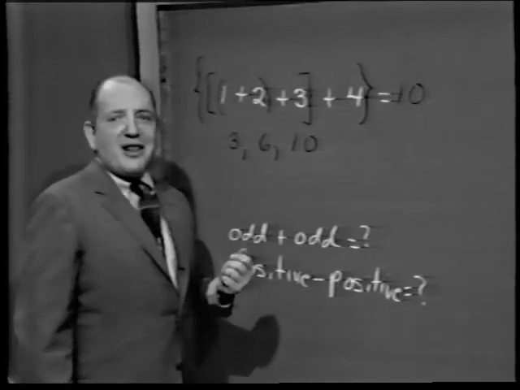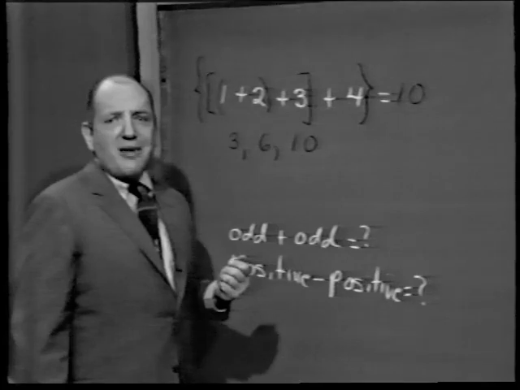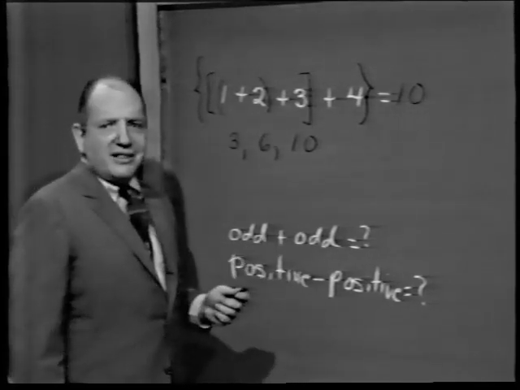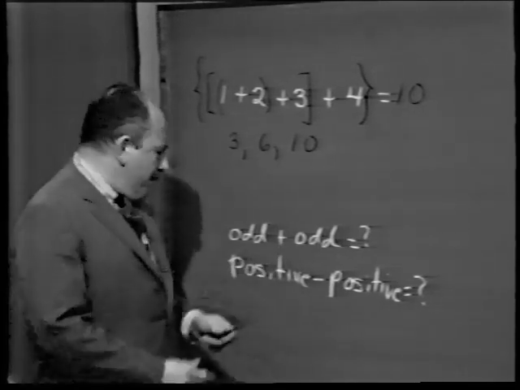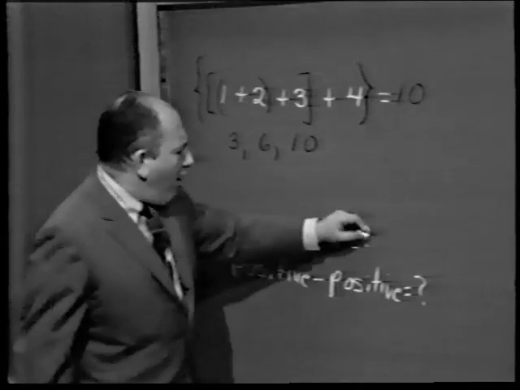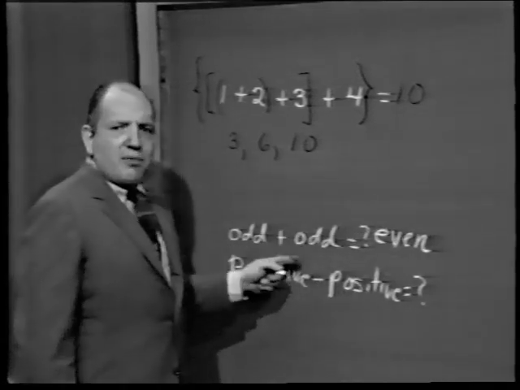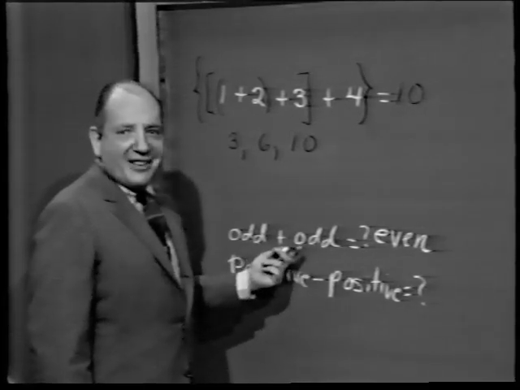Up above, we assumed that the sum of 2 functions was a function, and this is not quite as trivial as it might otherwise have seemed. Namely, if you add 2 odd numbers, do you get like things when you combine like things? The sum of 2 odd numbers is always even. You can't say, let's replace the sum of 2 odd numbers by another odd number. You can say it, but it would be wrong.